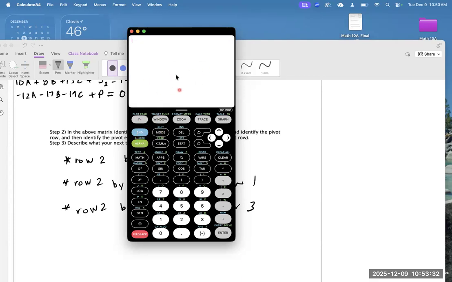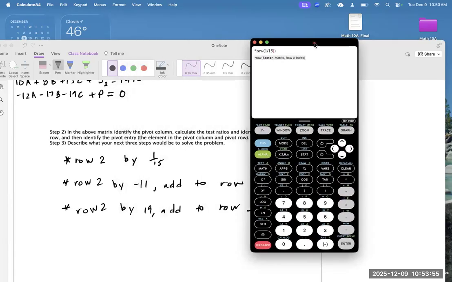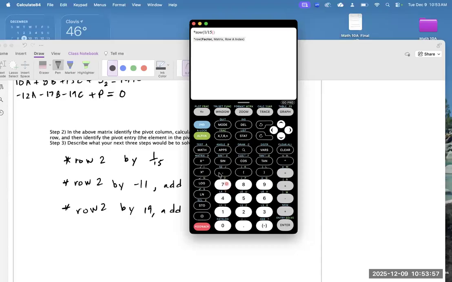Okay, first let's get to the main screen by doing second mode to quit out, then second matrix, then go over to math and times by a row. So I said I wanted to times by 1 divided by 15, and then I'm going to multiply that by matrix A.